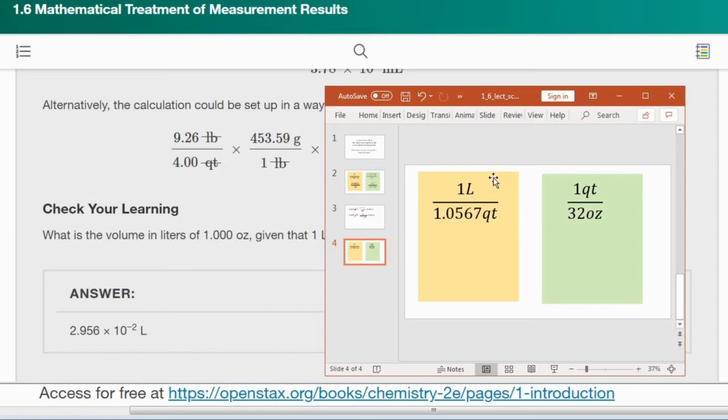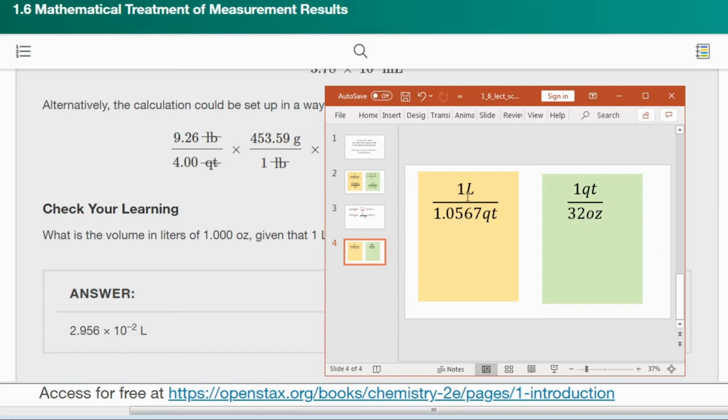So we have these conversion factors. We want the ounces to be converted to liters. Remember that the idea is you put the unit you want to get rid of in the denominator. So we want to get rid of the ounces in the denominator. Unfortunately, we don't have liters per ounce directly.